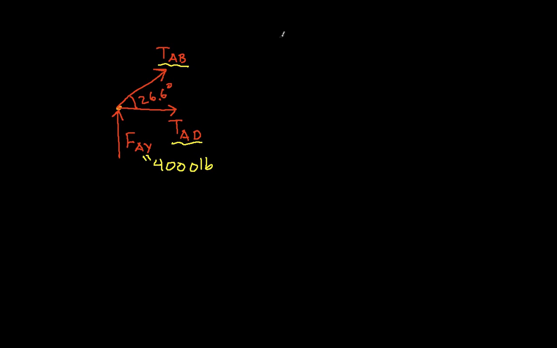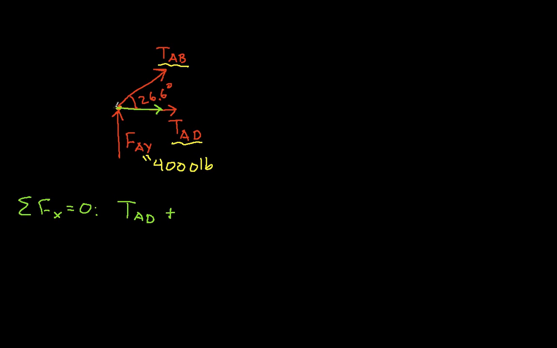Okay, so let's start with the summation. Oh, I guess we'll do it down here. The summation of forces in the x direction is equal to 0. Let's see, we have TAD in the positive x direction, plus we'll have the component of TAB in the x direction.